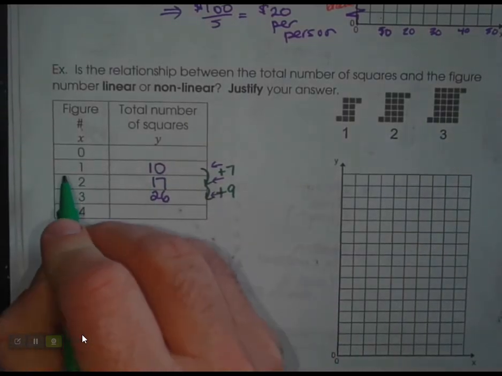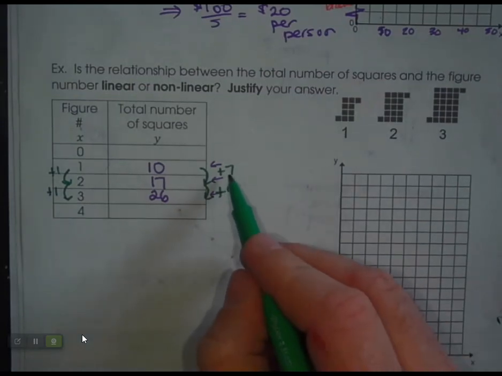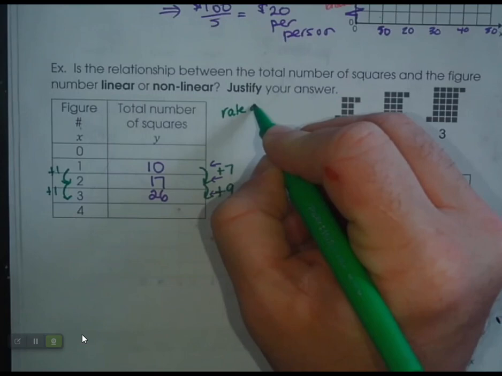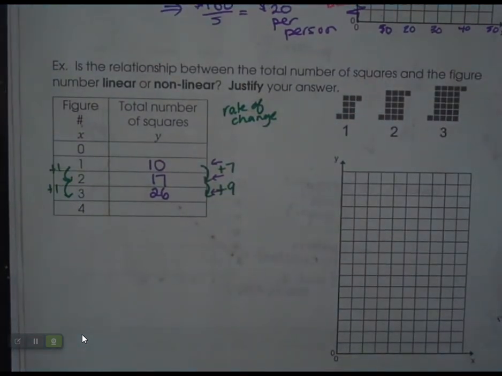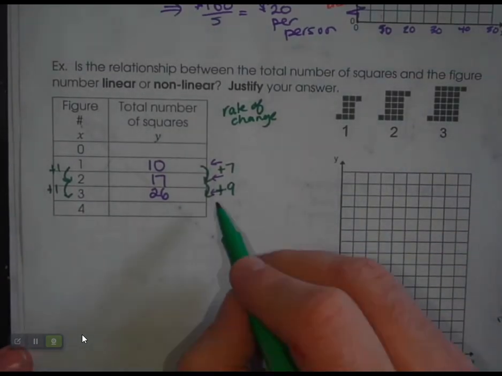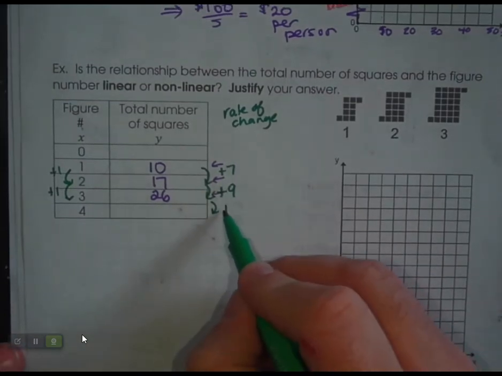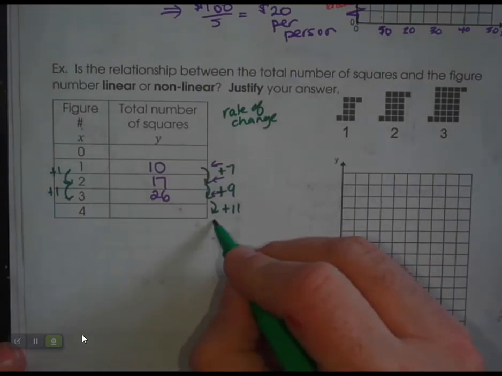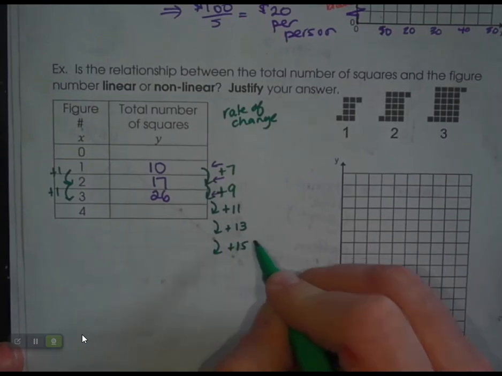Hopefully you said it's not linear, because these values, my rate of change, how much are these changing, are changing. And hopefully you'd say, there might be a pattern in that. You might say that these values are increasing by 2. So that could be adding 11. And then I could say, add by 13, or add by 15.